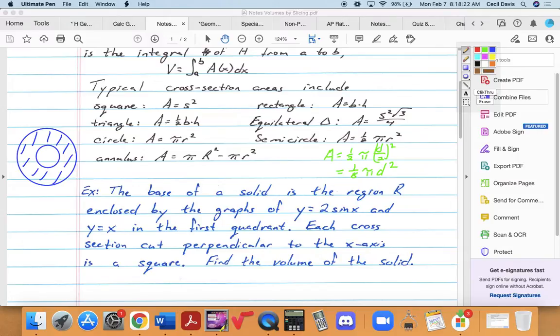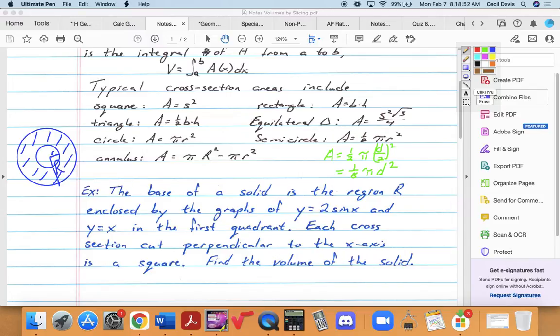More like a washer, because it's a flat. We've got the radius of the inner circle, and capital R is the radius of the outer circle. So basically what you're doing is you're finding the area of the whole circle minus the area of the part that's not part of the annulus, the part that you've cut out, the hole in the washer, if you will.